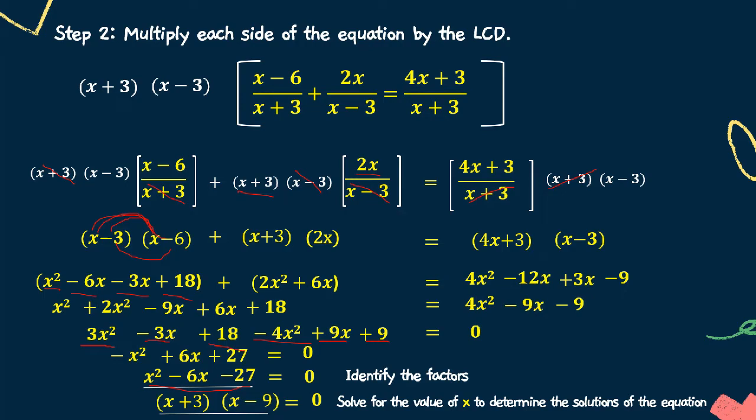Now notice that we have simplified our equation by finding the factors of our quadratic equation. So after looking for the factors, now that it is already in the simplest form, we will have to solve for the value of x to determine the solutions of our equation.